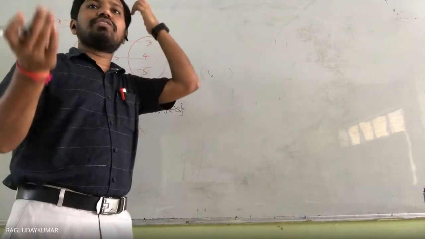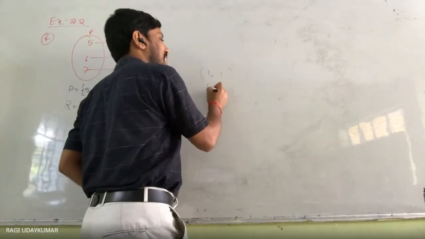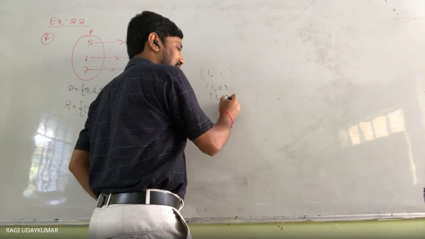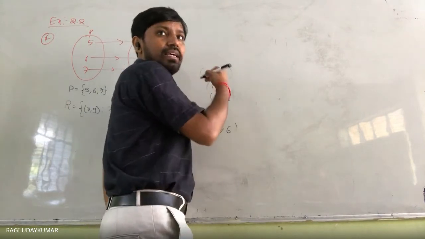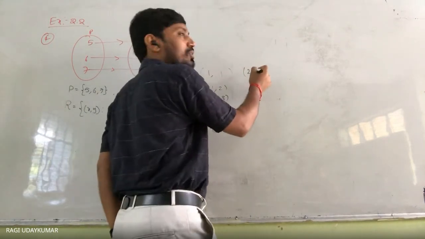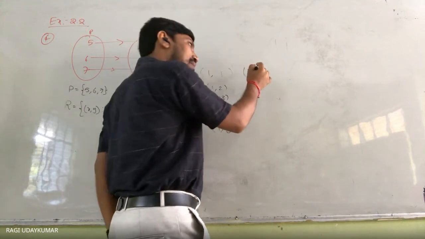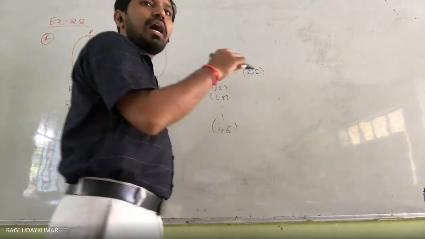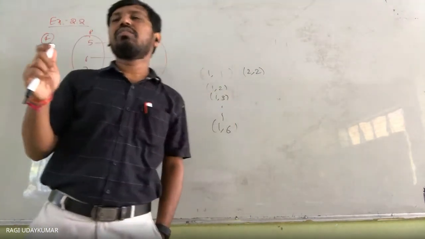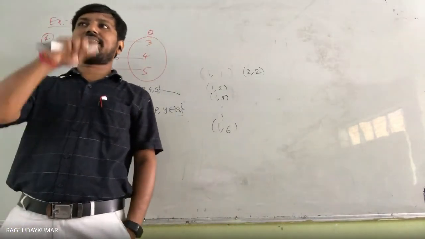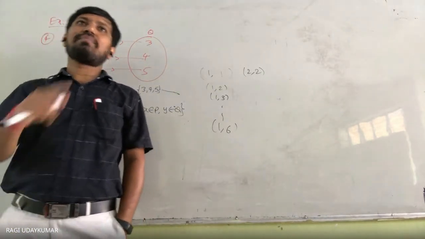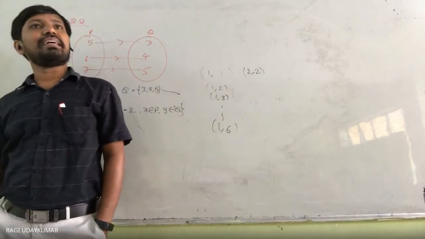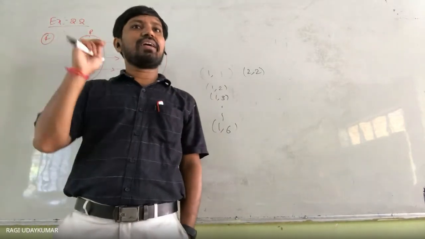So that's why we are going to get (1,1), (1,2), (1,3) and so on, (1,6) आएगा, 6 तक है ना. 2 ले लिया तो (2,2), (2,4), (2,6). 3 ले लिया तो (3,3), (3,6). If you are taking 4, (4,4), 5, (5,5), 6, (6,6) हो गया.